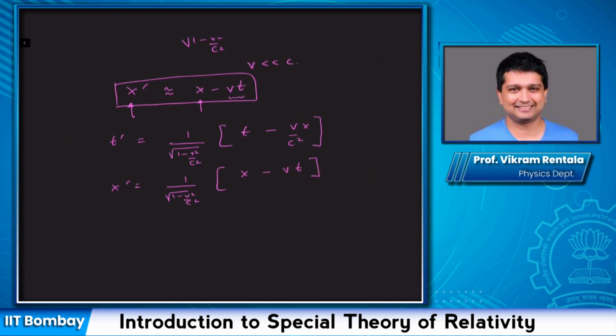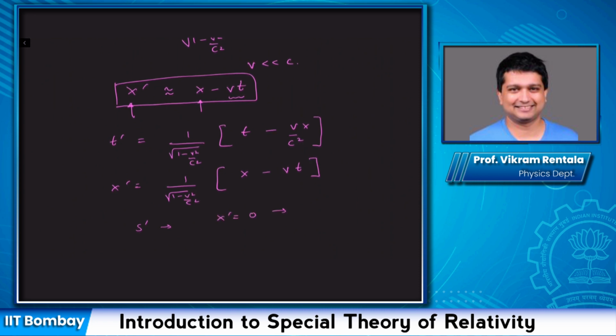Now, when we talk about time, we have to be a little careful. We should talk about a specific clock, that is a clock moving with a specific observer in the frame S prime. So let's take the observer in the frame S prime who is located at the position x prime equal to 0.